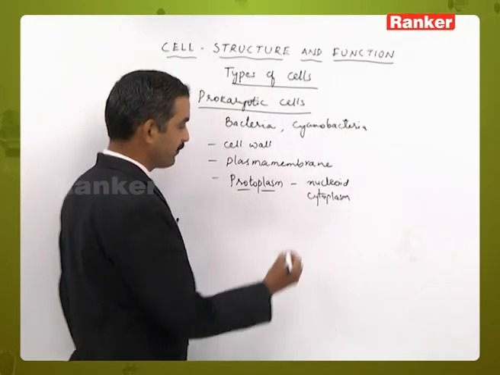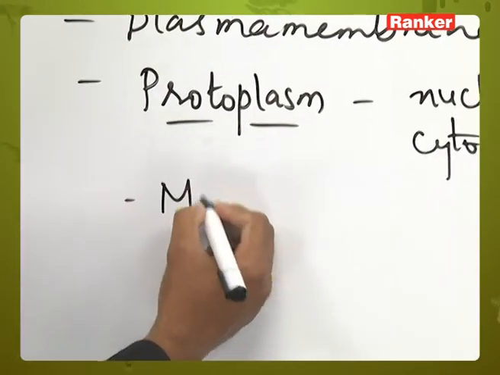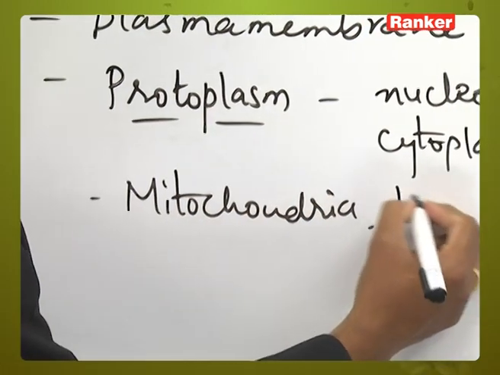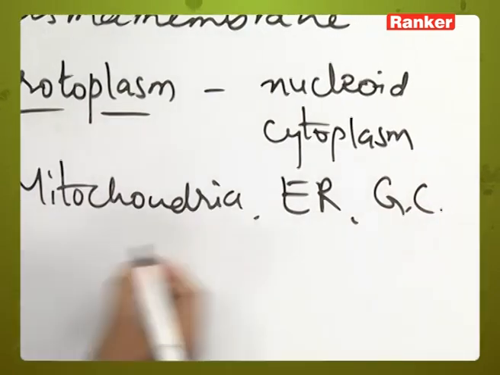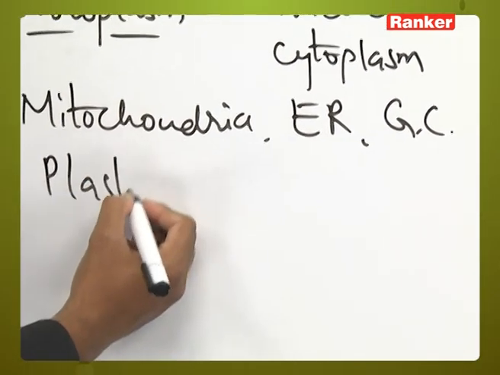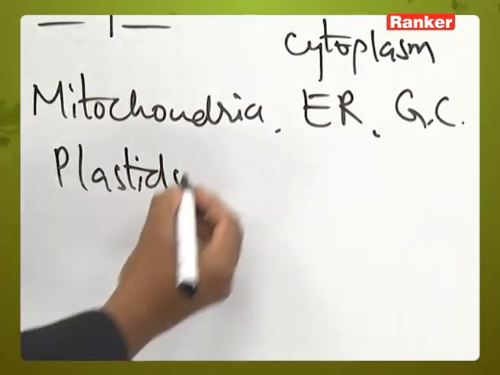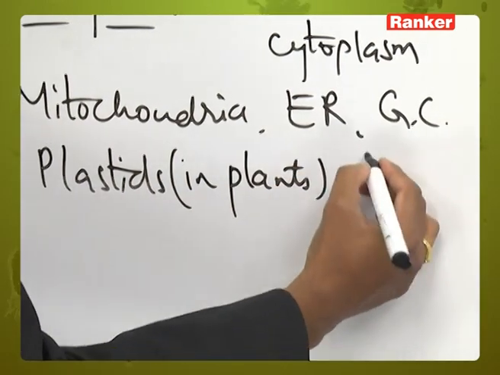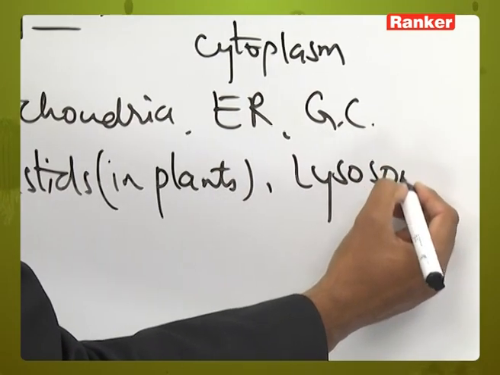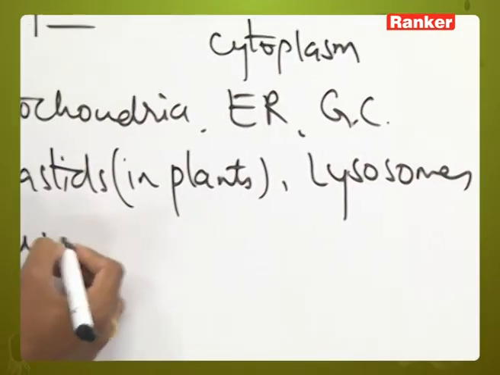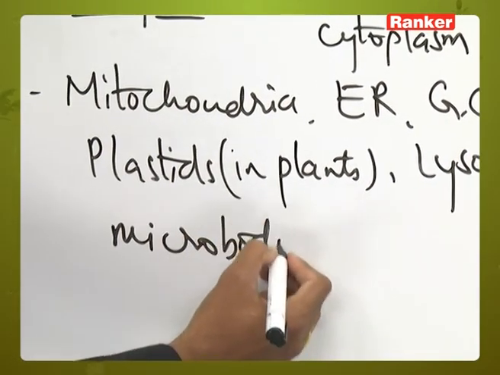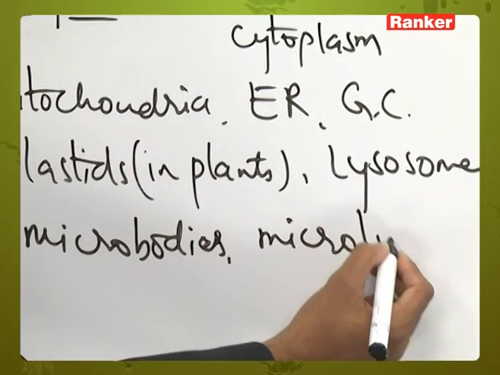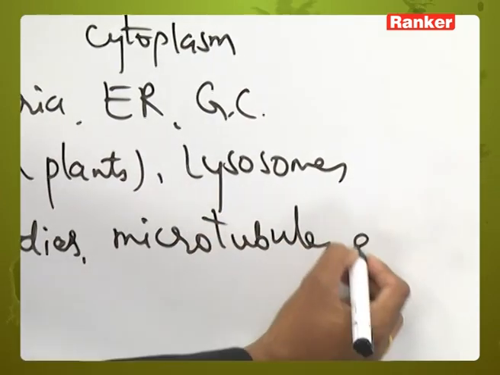In the cytoplasm, mitochondria, endoplasmic reticulum, Golgi complex, plastids, particularly present in plants, lysosomes, microbodies, microtubules, etc. are absent.